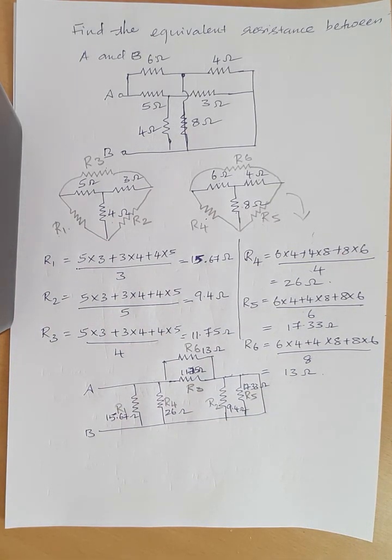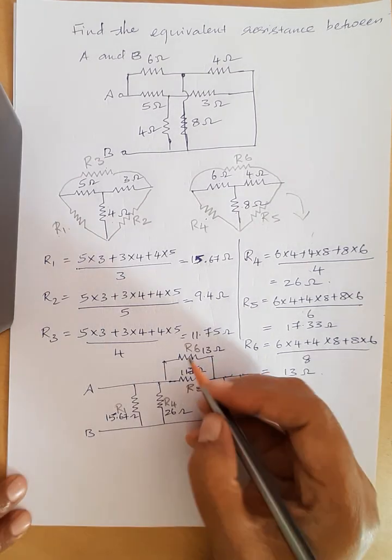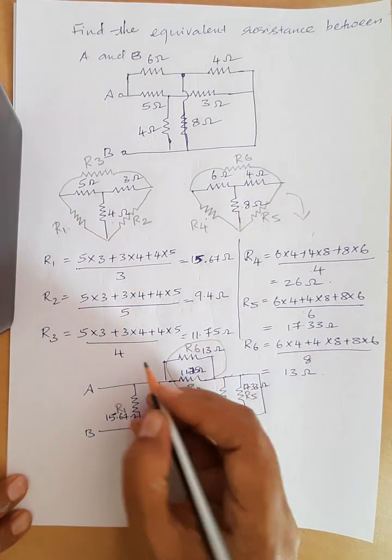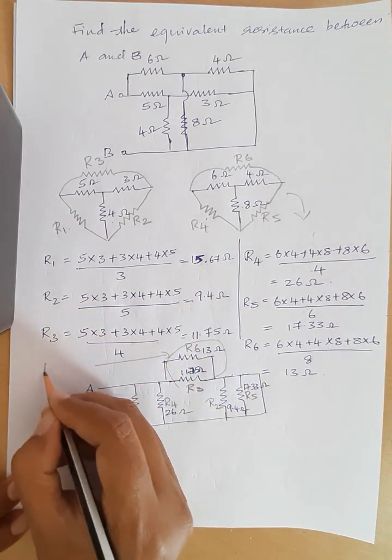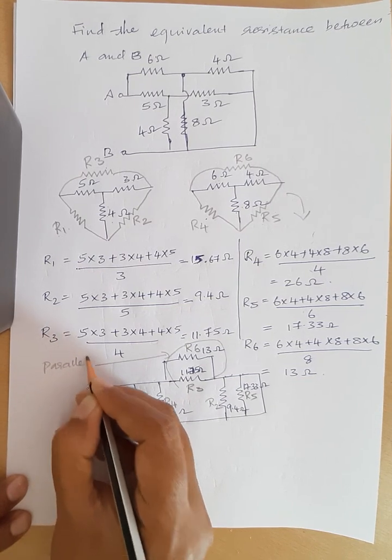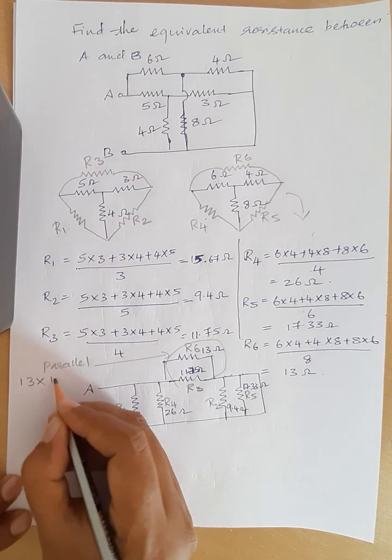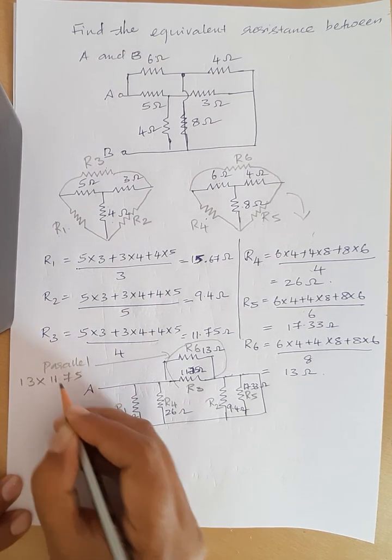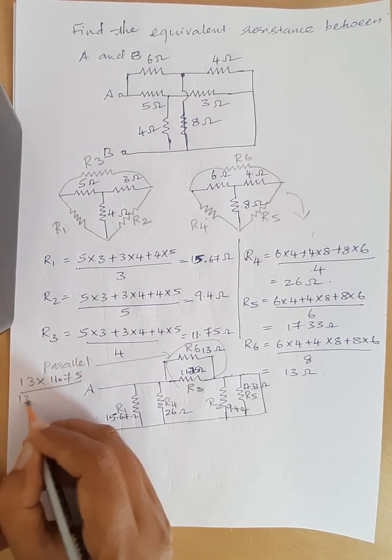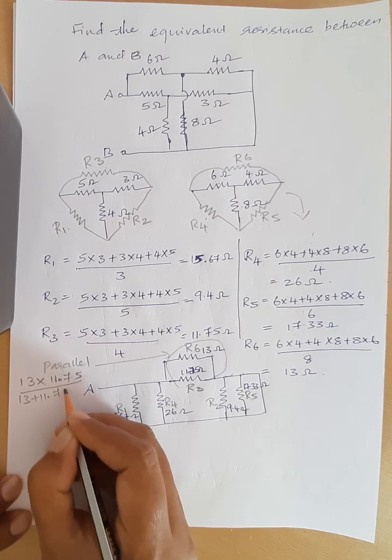Okay. Now, if you observe, these two will form a parallel connection. So the answer will be 13 into 11.75 divided by 13 plus 11.75.